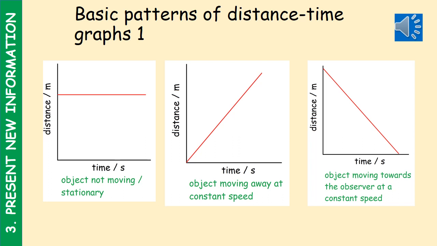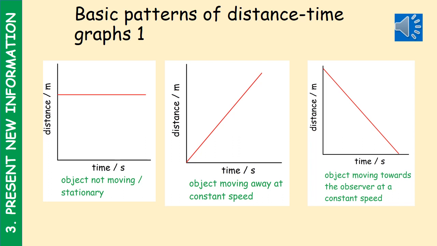The other one, the third one there, has got the object gradually getting closer and closer to the observer because the distance is gradually getting smaller and smaller. Again, it's happening at a regular amount every second. So this is the object moving towards the observer at a constant speed or uniform speed.